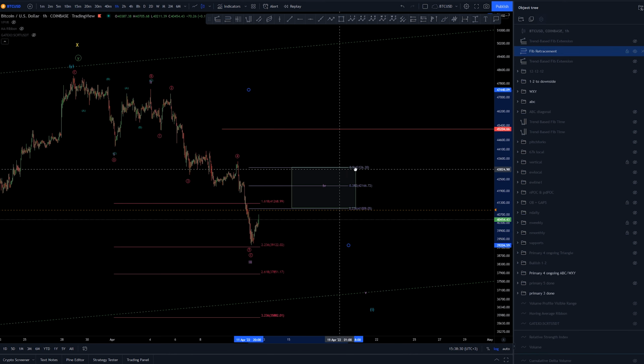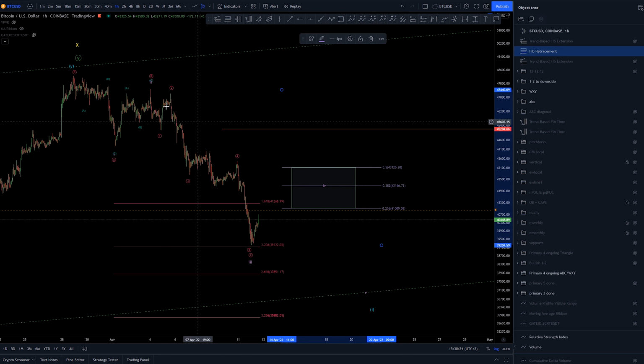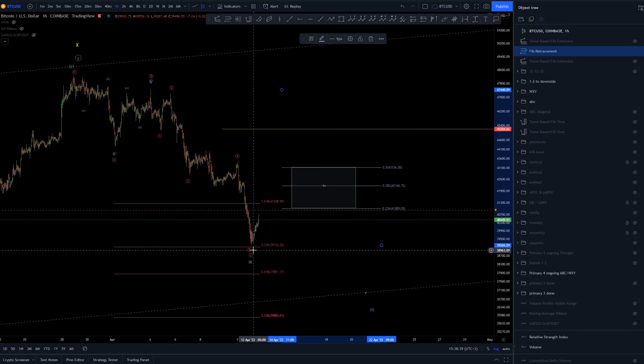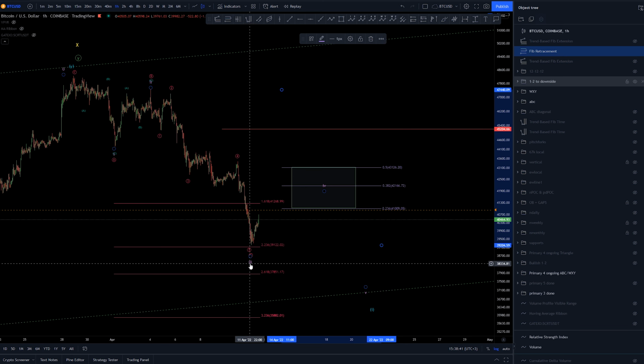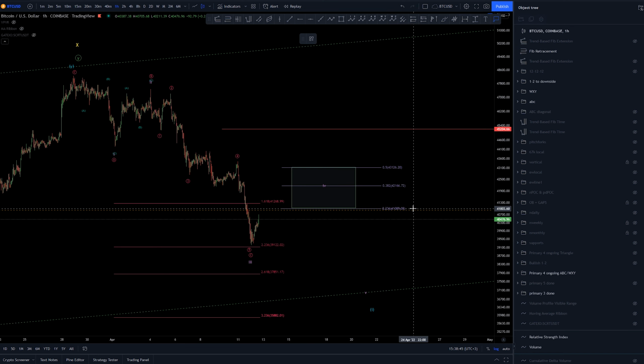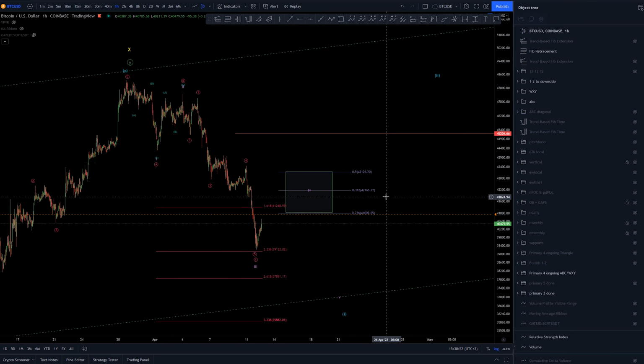The wave 4 here is placed just because of the retracement from the wave 3, starting the retracement from top here to the bottom of here on wave 3. So we get this area around 41k and 43.1k, and anywhere on this area I would be accepting the wave 4.